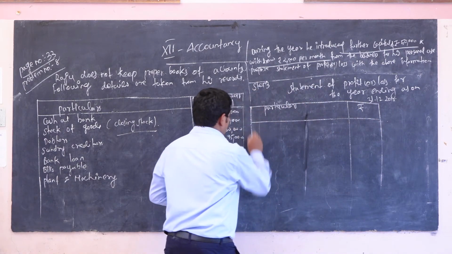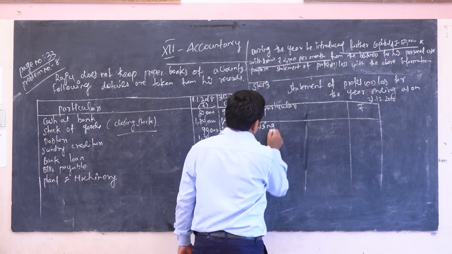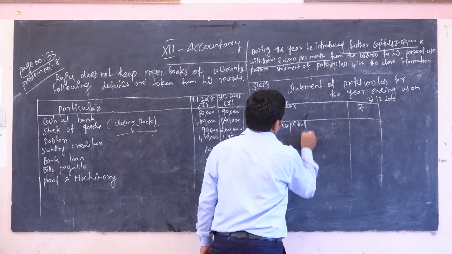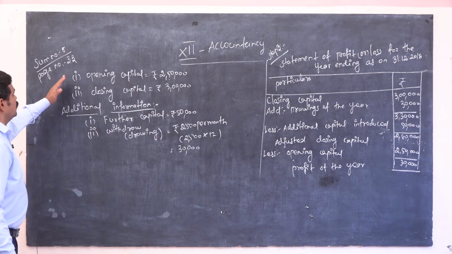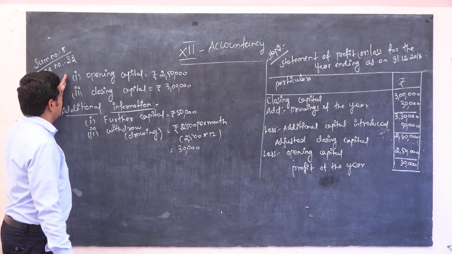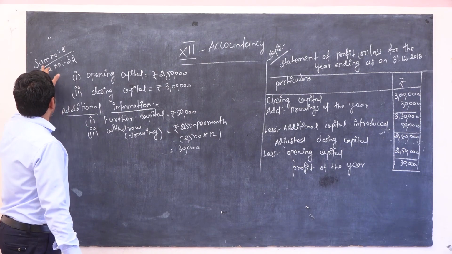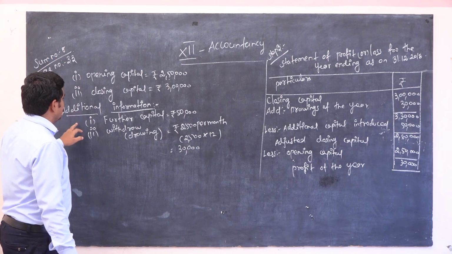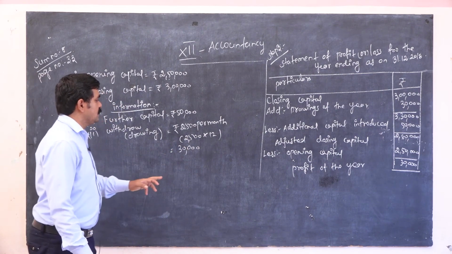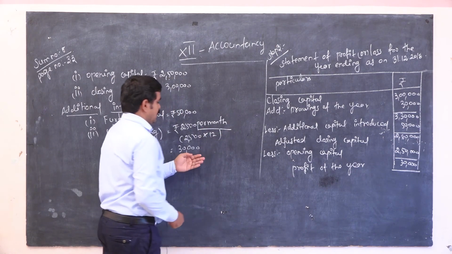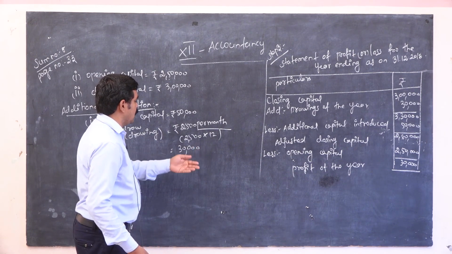The first one in the format is closing capital. We already calculated this amount: opening capital rupees 2,50,000, closing capital rupees 3 lakh. These are the additional information given in the problem, sum number 8, page number 33. Further capital rupees 50,000, drawing rupees 2,500 per month. So per month we have to multiply by 12. So 2,500 into 12, 30,000.